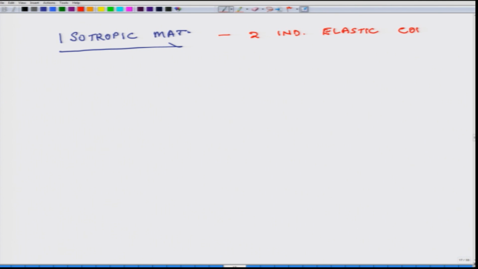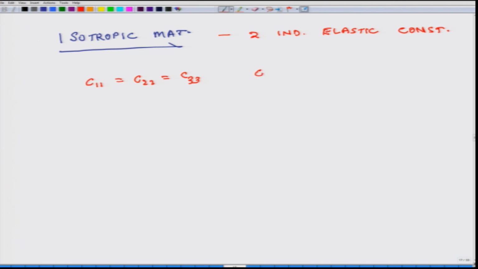We will consider another class of materials, isotropic. And without going into detailed proof, isotropic materials have only 2 independent elastic constants. So, what are the further simplifications? C11 is equal to C22 is equal to C33.